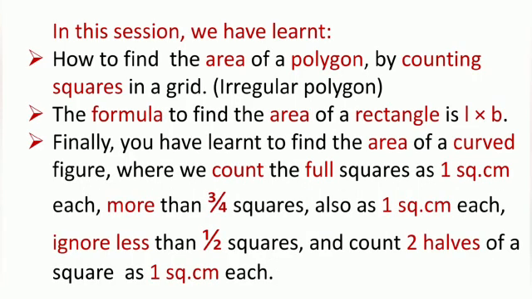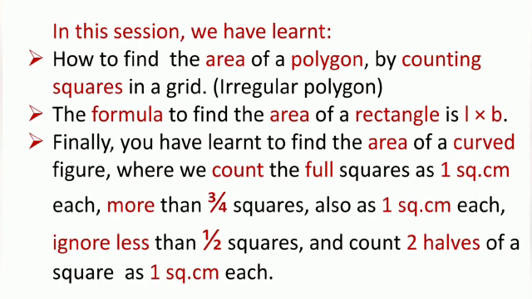In this session, we have learned how to find the area of a polygon by counting squares. We also learned the formula to find the area of a rectangle, which is L into B, where L is the length and B is the breadth of the given rectangle.